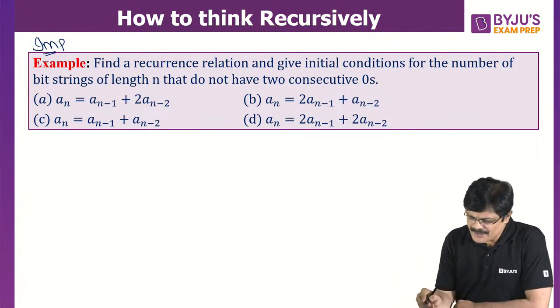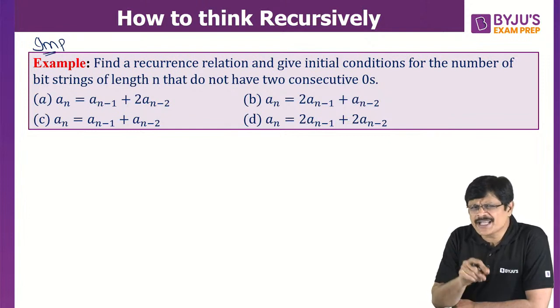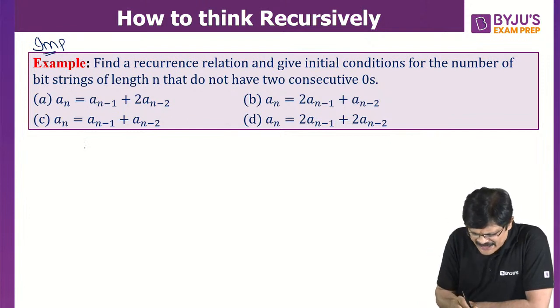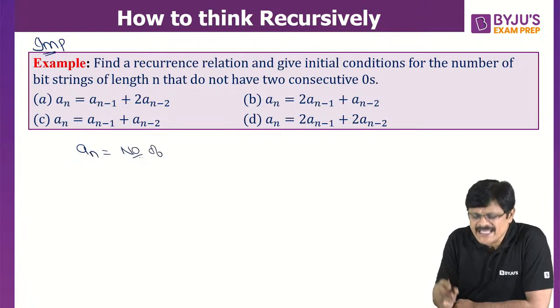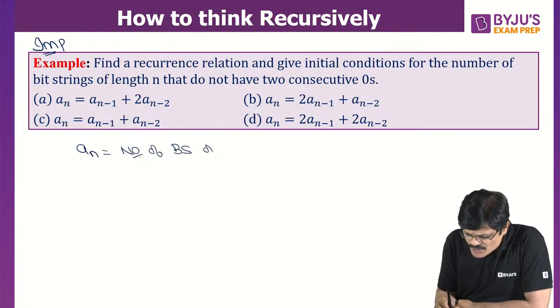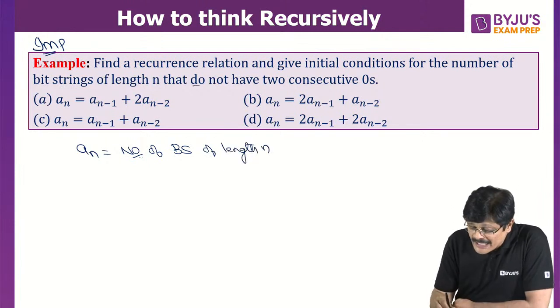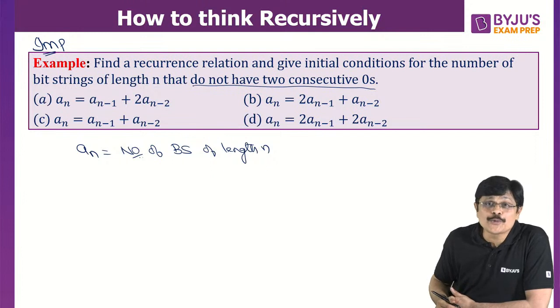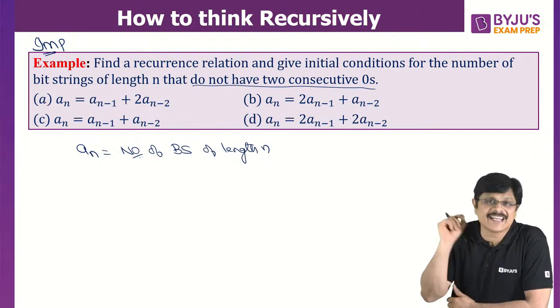Now look at this. Number of binary strings, you can also say bit strings. What is this n? Number of, I simply write BS, sir. Binary strings of length n that do not have consecutive zeros. Consecutive zeros should not be there.